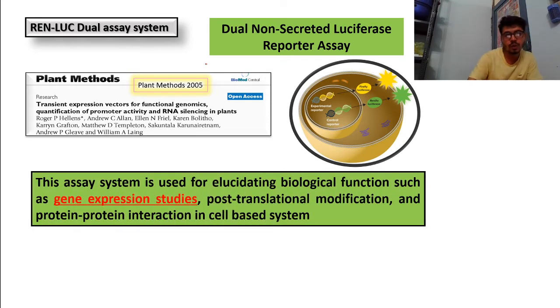Before going into the details, we must know about the system. This assay system is used to elucidate biological functions such as gene expression, post-translational modification, and protein-protein interaction in a cell-based system, that is, you are doing it in the cell. Protoplast is what? This is a cellular system.